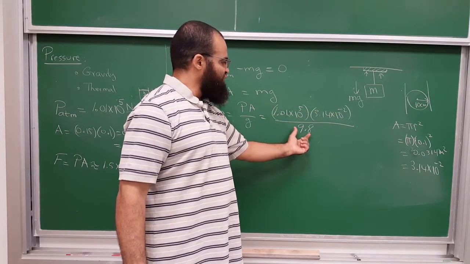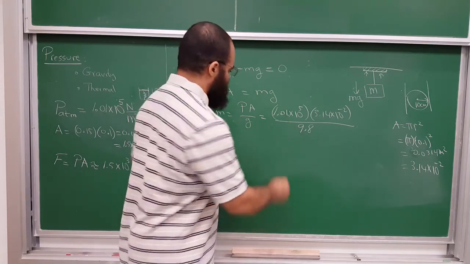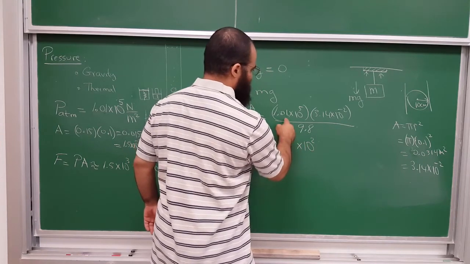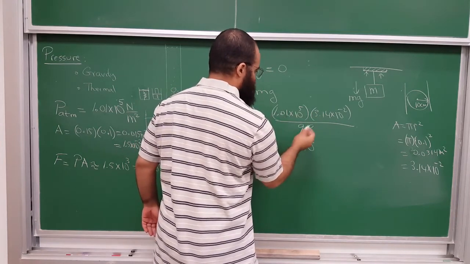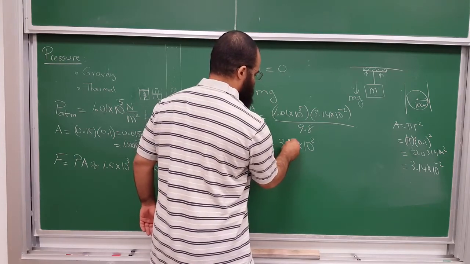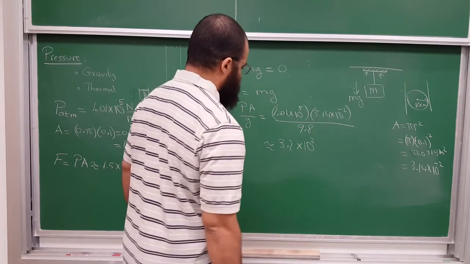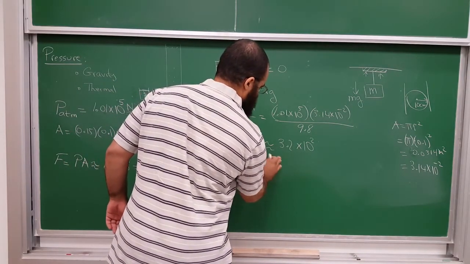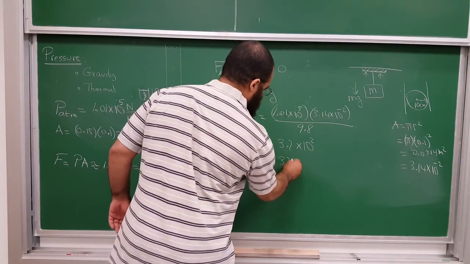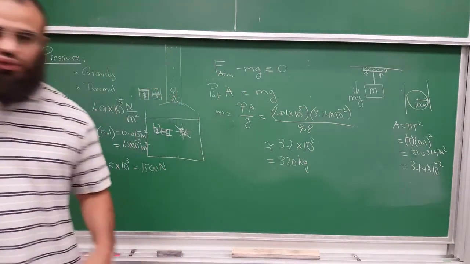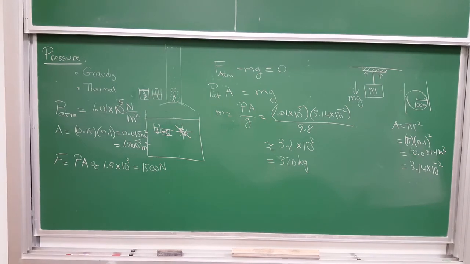Gravity is about 10, so 10 to the 3rd divided by 10 is 10 to the 2. And then 1.01 times 3.14 is about 3.2. So that's 320 kilograms. So you can hold about 320 kilograms with a suction cup.